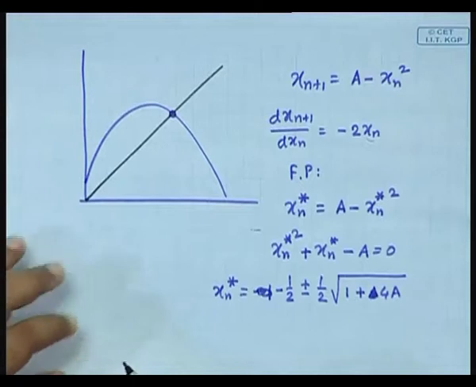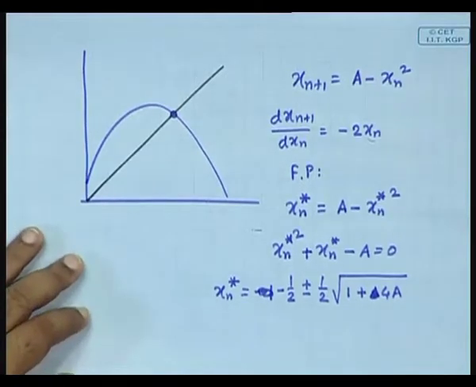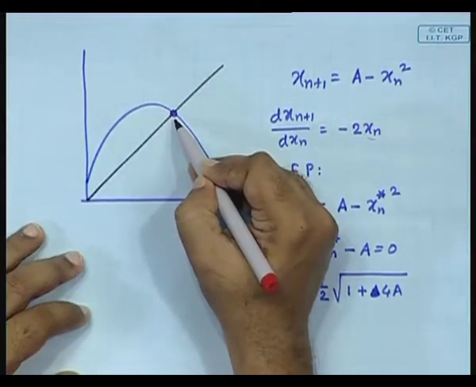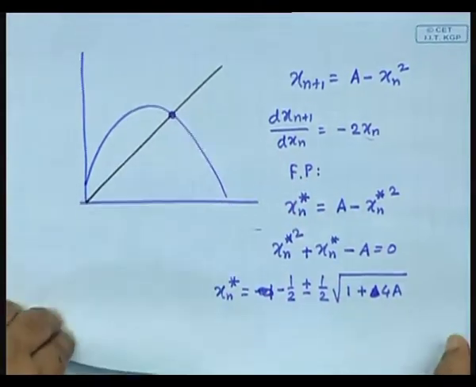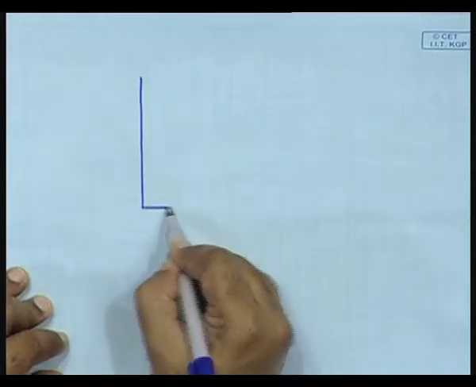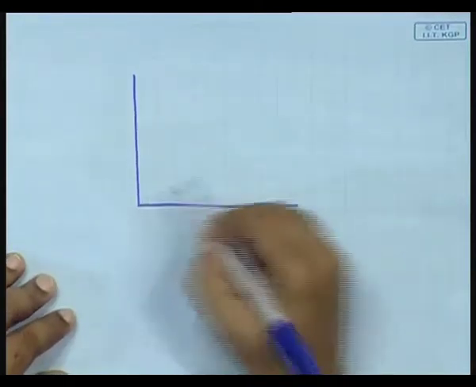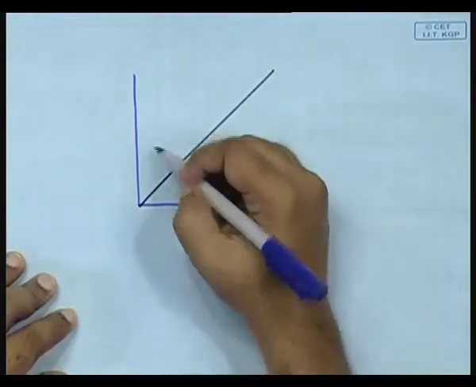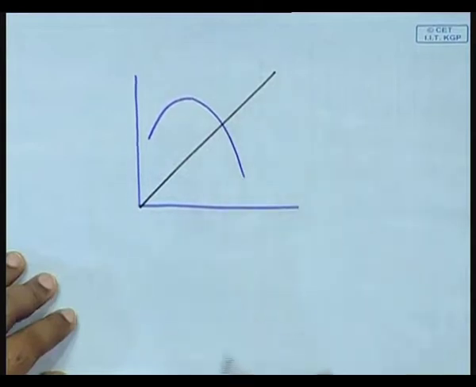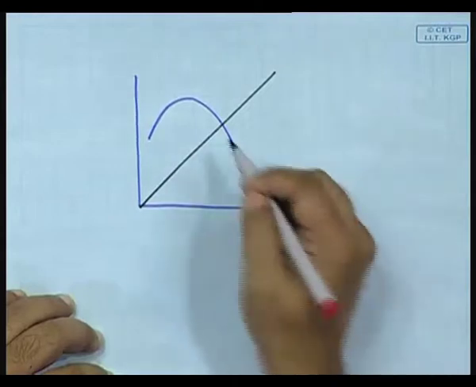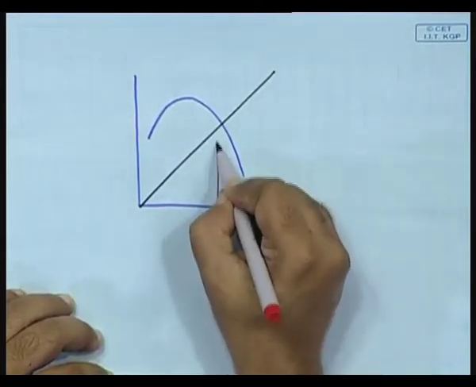Clear? Now, when it becomes unstable, at this point the slope has become greater than minus 1. So, let me draw it separately. Slope has become greater than minus 1. So, take any initial condition close to it, it will diverge out.